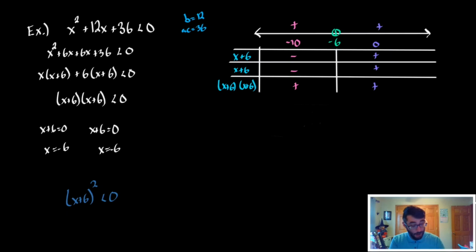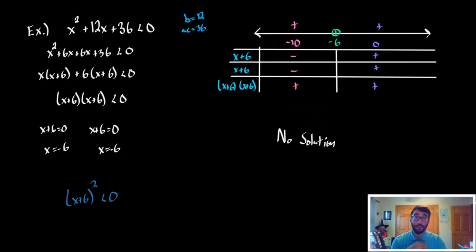Now what this was asking for is it to be less than 0, which means we want a negative interval. However, that never happens. It's always positive. So what this would be is actually no solution.